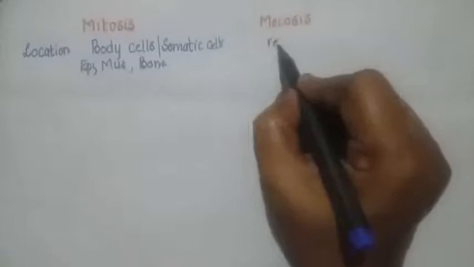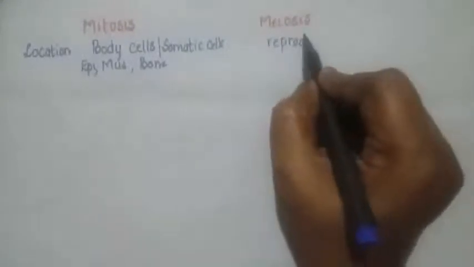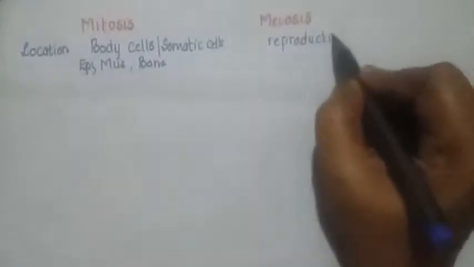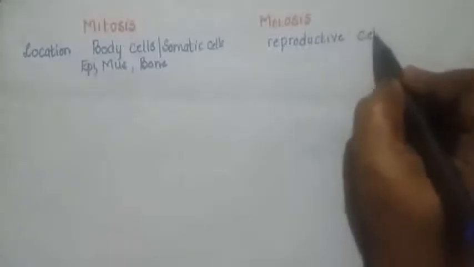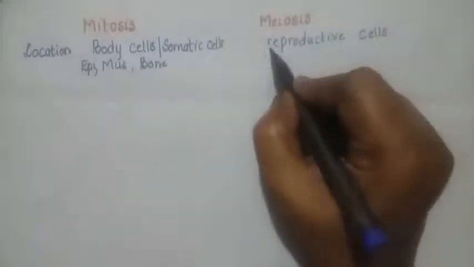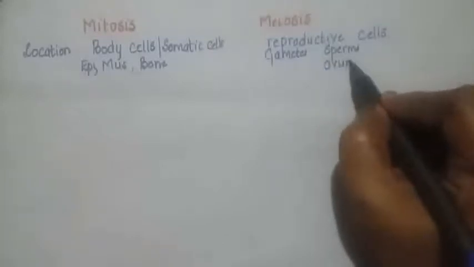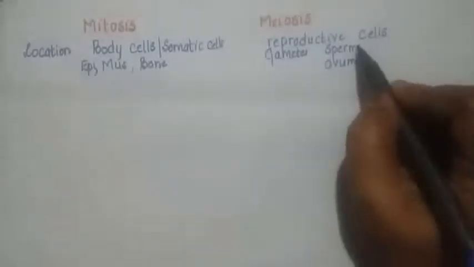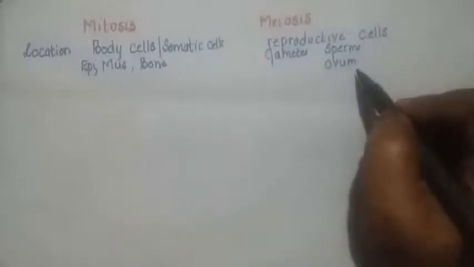Whereas meiosis occurs in the reproductive parts, that is in the formation of reproductive cells, such as the formation of gametes, that is in the formation of sperms, and the formation of ovum, the male gamete followed by the female gamete.